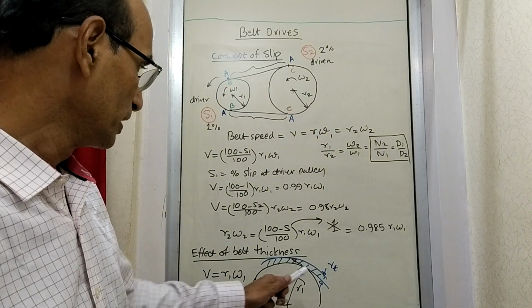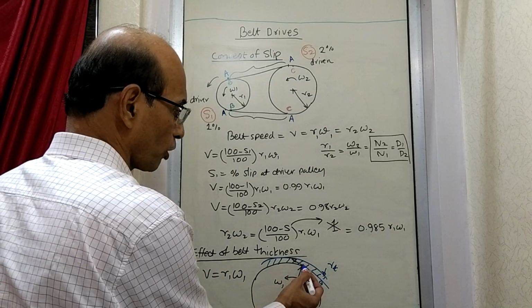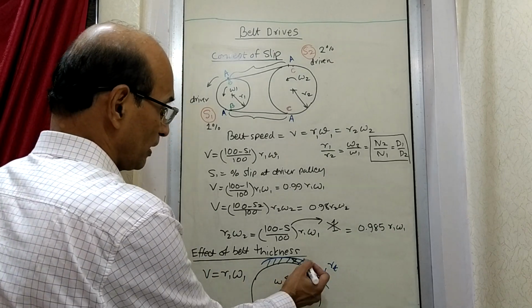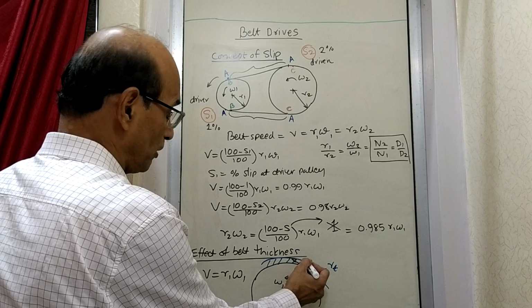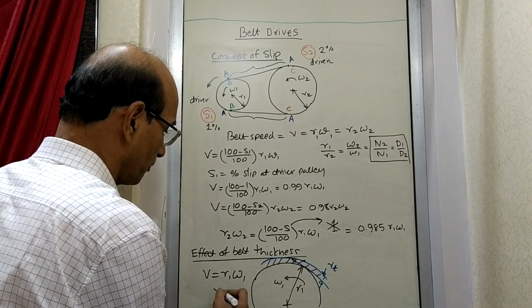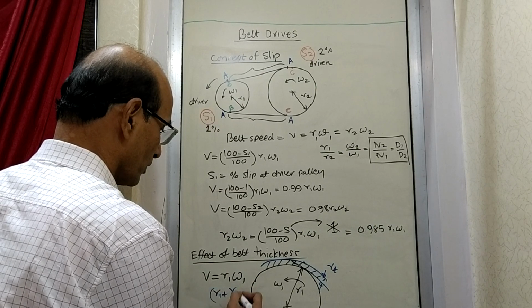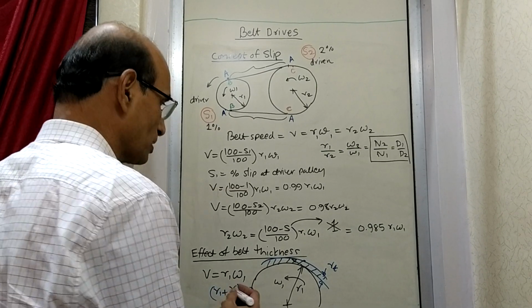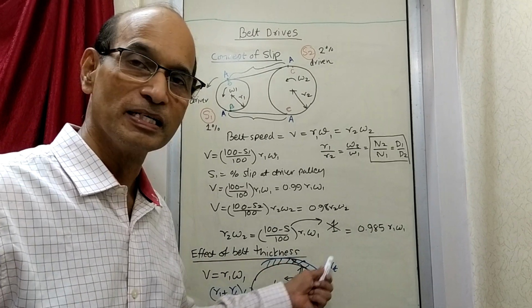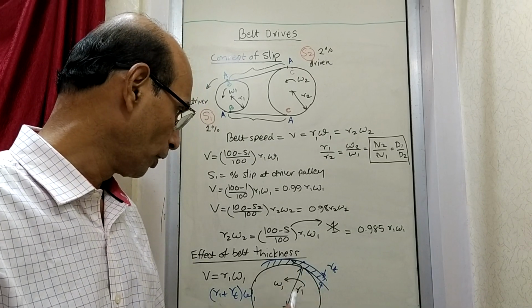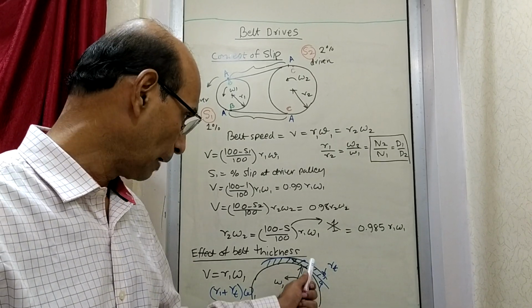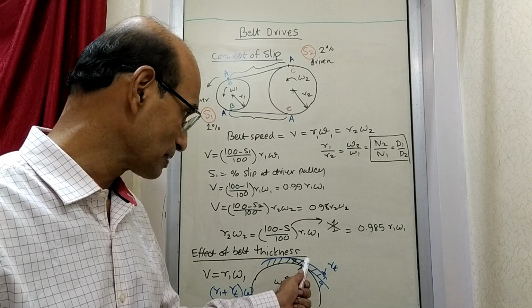So you will see that the velocity of the lower point of the belt will be this and the velocity of the upper point of the belt will be R1 plus RT times omega 1 because the upper point is at a larger distance than the lower point. Lower point is at a distance of R1, the upper point is at a distance of R1 plus RT.